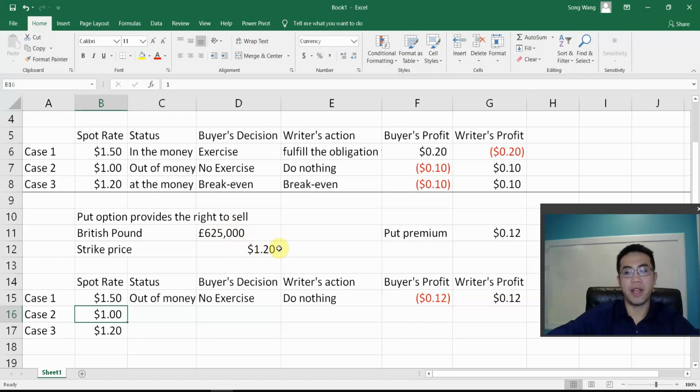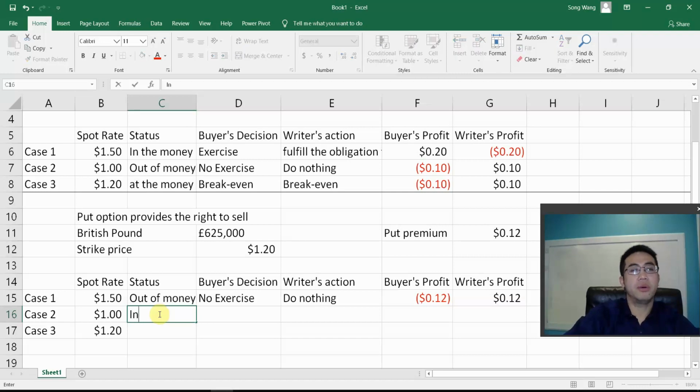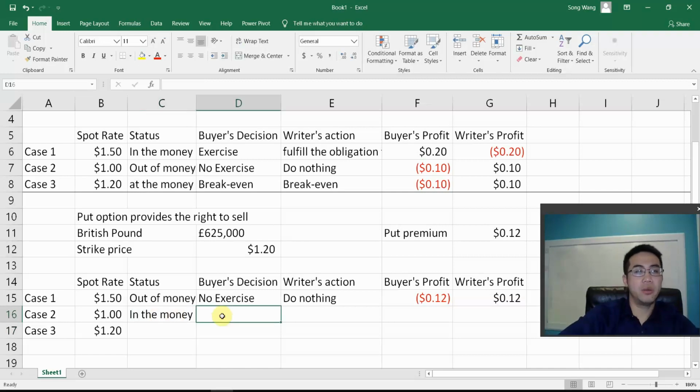The put option buyer will sell at $1.2 for each British pound, and then simultaneously clear the position by buying from the spot market. That way the put option buyer would make money. So the status of the put option is called in the money, and the buyer's decision would be exercise the put option.